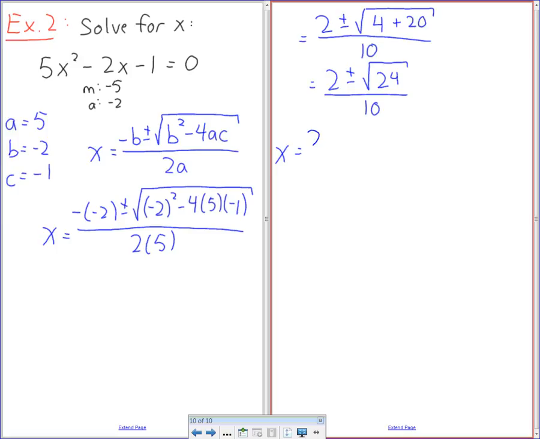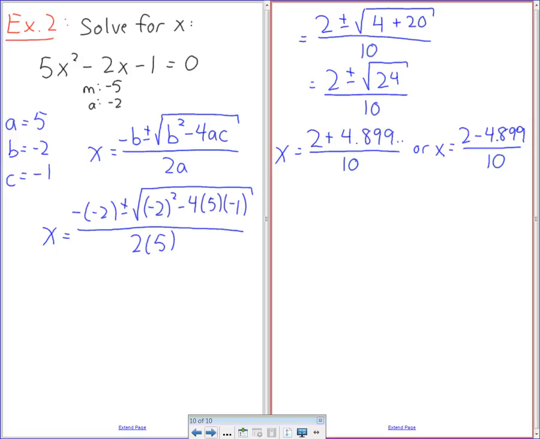To 3 decimal places. 4.898, hope you're rounding it, so 4.899. Okay, 4.899. So what we did there was, this is a messy question.